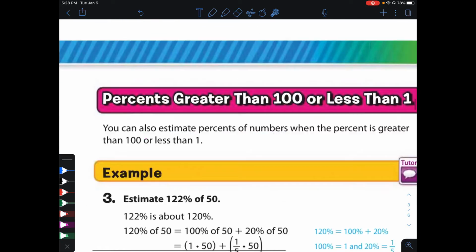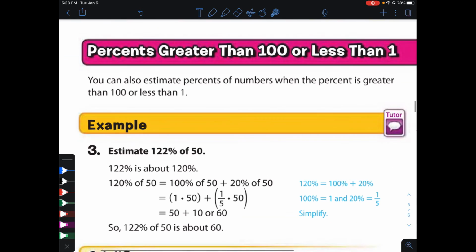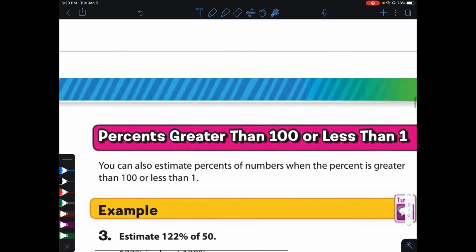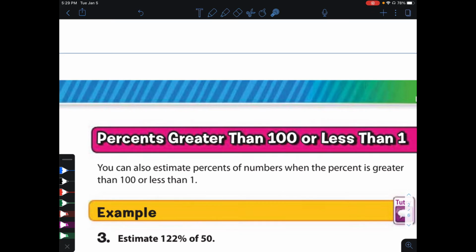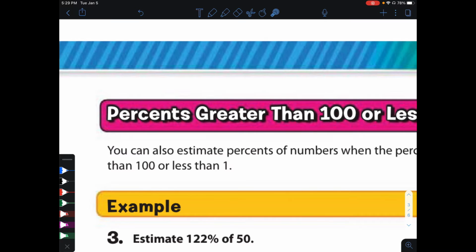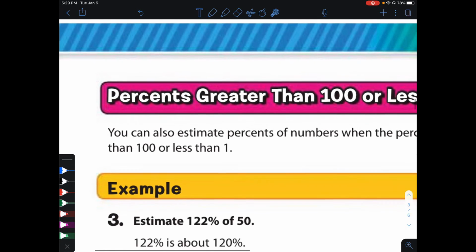In the next one, percents greater than 100 or less than 1, this is our second objective. You can also estimate percents of numbers when percent is greater than 100 or less than 1. Let's take a look at the percent that's greater than 100 and let's see how we can estimate. So we want to estimate 122% of 50. Again, we know for a fact that 122% is right around 120%.